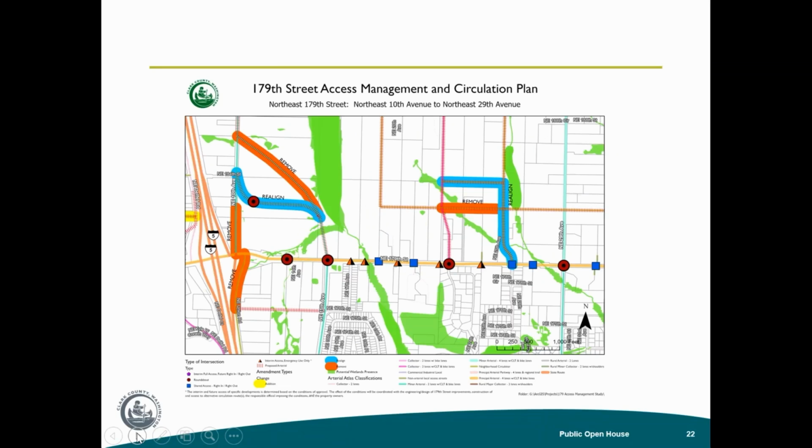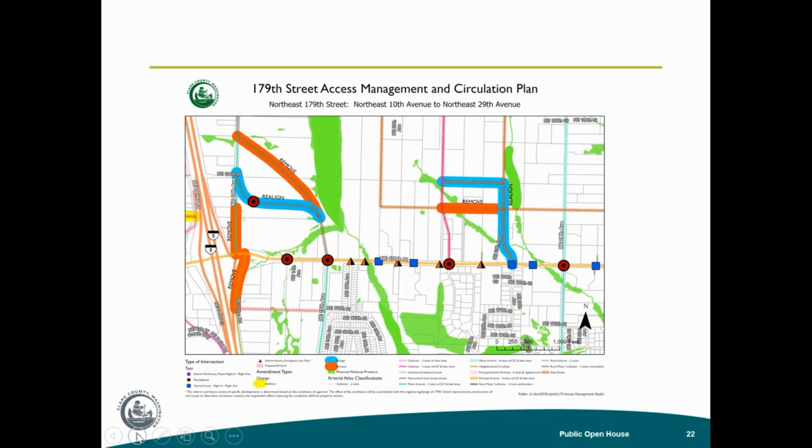Here you're seeing the proposed plan from the interchange to 29th Avenue. We're planning on removing the roads from the arterial atlas that will be disconnected from 179th Street near the interchange. This includes 10th Avenue and Union Road.